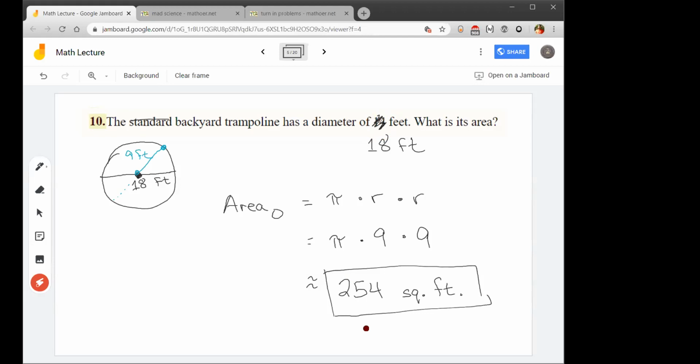And square feet, it can have the decimal, or is it better to round up? You could certainly have a decimal. I didn't want to include it just because of the situation. How accurate do I think trampolines are really manufactured?